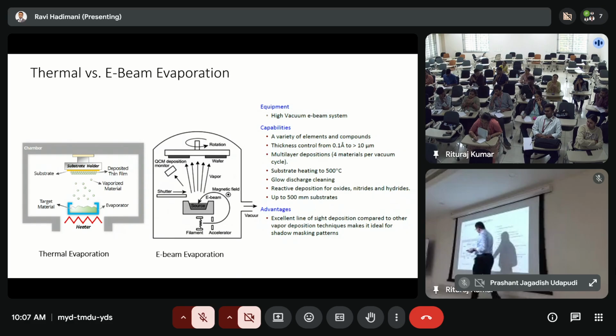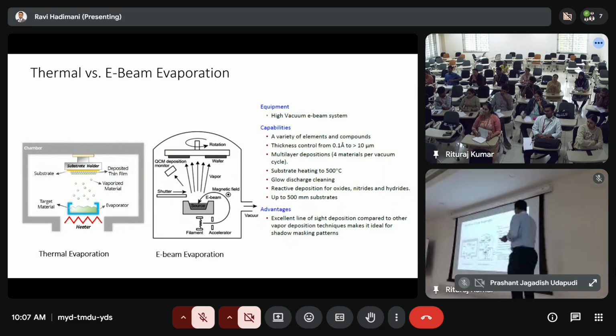So this is thermal evaporation, and this is E-beam. In E-beam we use electrons, and in thermal we just heat the target, and we deposit the material on the substrate. So you can deposit varieties of elements and compounds using these techniques.